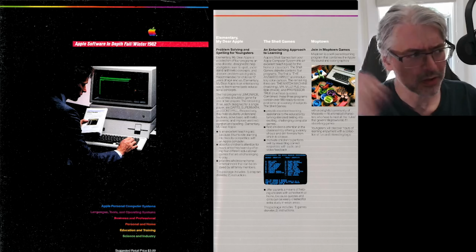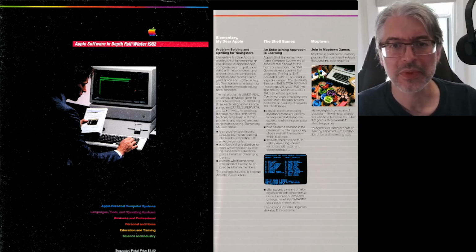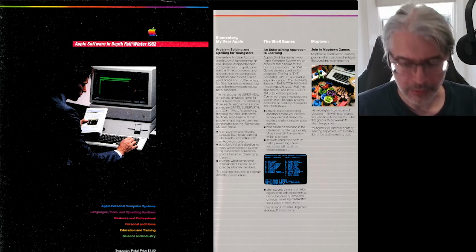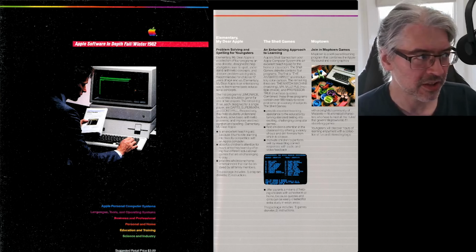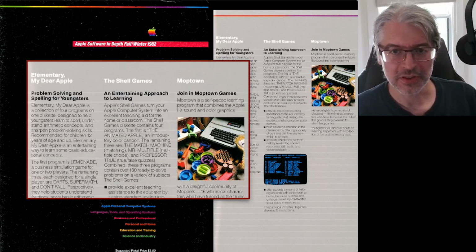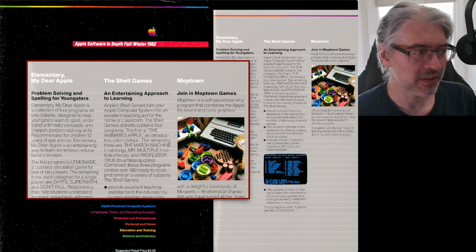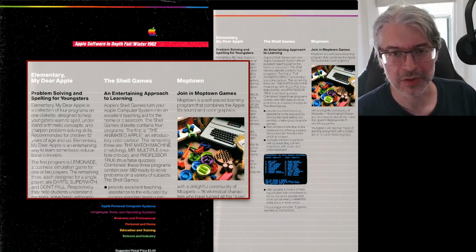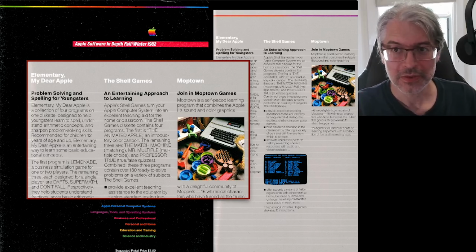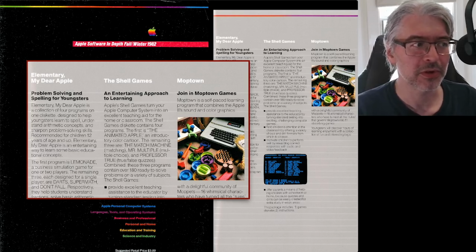Before I get to that, here's the Apple In-Depth Fall Winter 1982, and the point about this is that at this point they have just started intermingling the Apple stuff and the Special Delivery Software stuff, and they don't even mention that it's Special Delivery Software. So Elementary, My Dear Apple, and the Shell games are both Apple. They are not Special Delivery Software.